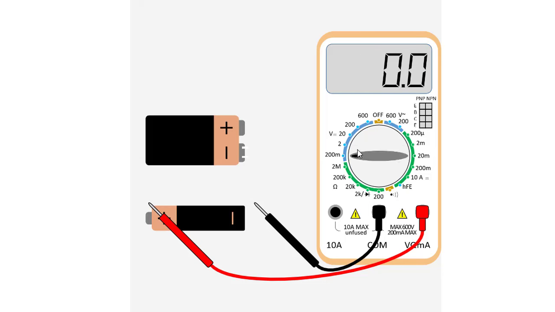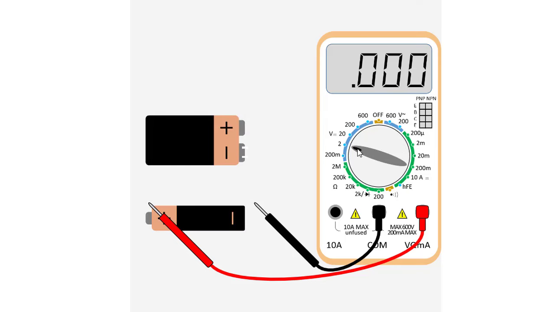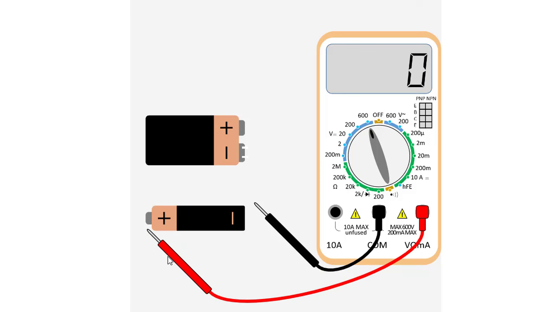Now let's measure the voltage. So if we want to measure the voltage, we have to go from this side, 600, 200, 20, and then 200 millivolt. So let's measure this cell voltage first.